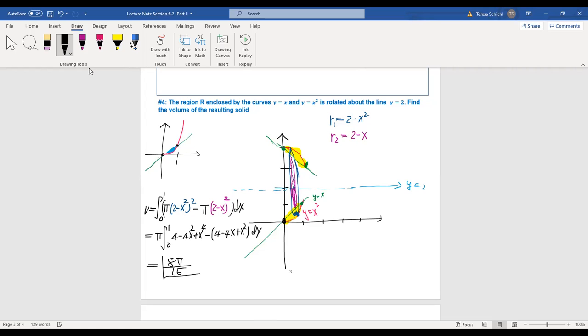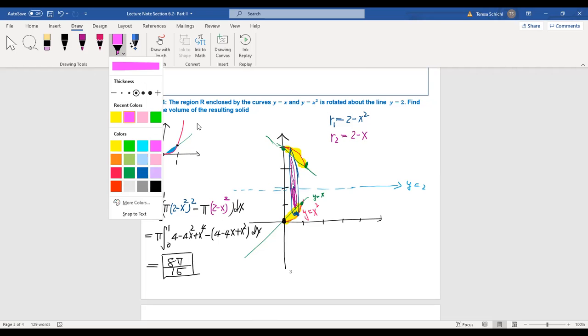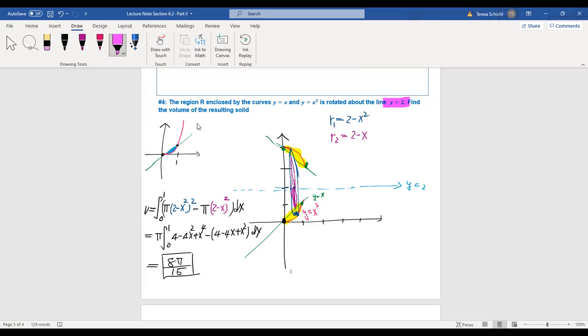It's the same thing here. The thing I want to highlight a little bit is that you are shifting to y equal to 2. That means you are shifting the x-axis, so you are still integrating by what?